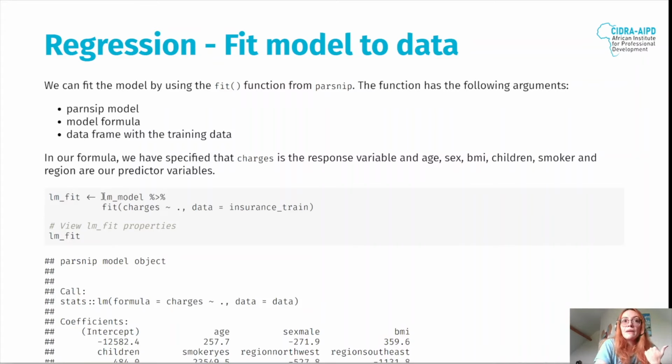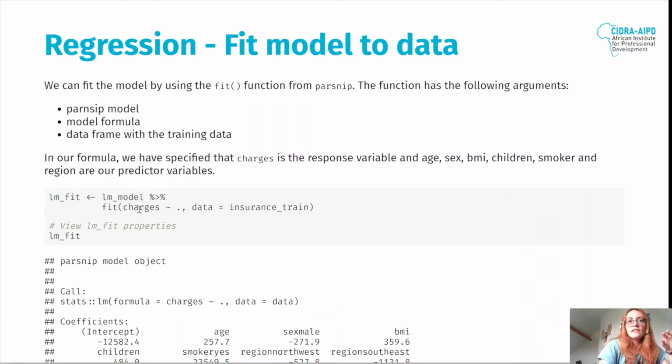It's our LM model. It needs the model formula, just like you've done before on your linear regression model. You need to give the formula. So for example, charges is our Y variable. And to give formulas in R, you use the tilde as a kind of separator of what is the Y and then what comes the X variables.